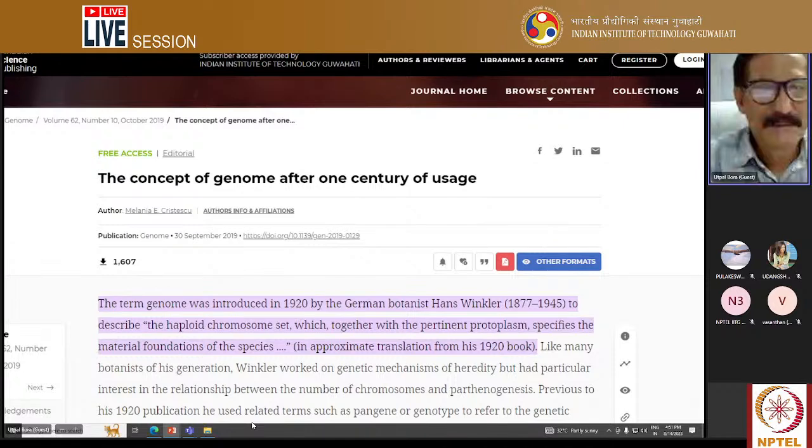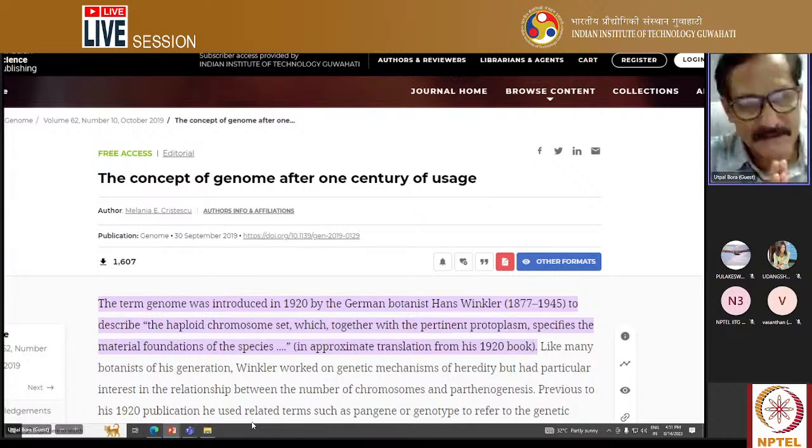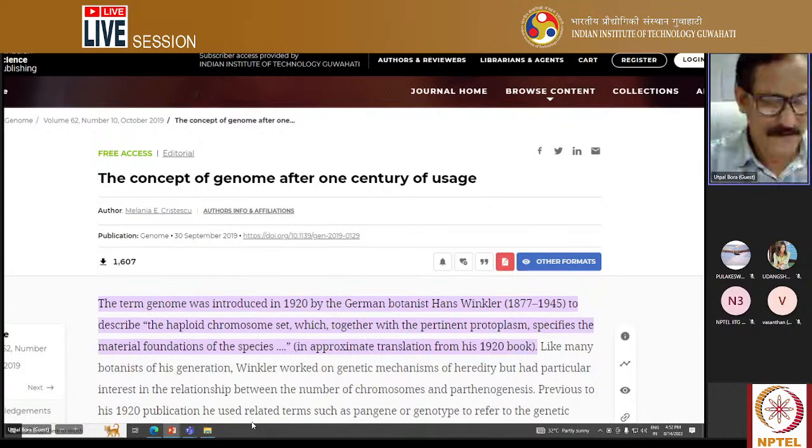At that point of time, he described it as the haploid chromosome set, which together with the pertinent protoplasm specifies the material foundation of the species. We are quoting verbatim exactly what Hans Winkler said while introducing the concept of genome. But as in the case of many scientific ideas and terminology, the concept of genome has undergone huge change. If you read this article, you can see how the concept has gradually evolved from time to time.